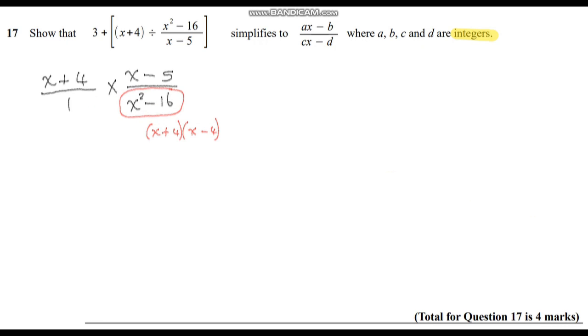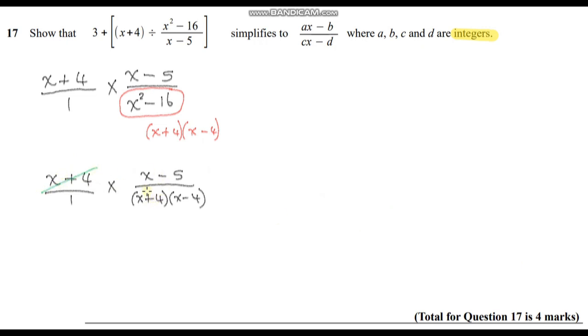So I'm just going to rewrite this fraction again. We've got x plus 4 over 1 multiplied by x minus 5 over x plus 4 times x minus 4. Because we've factorised, hopefully you can see that we've got an x plus 4 in the numerator and an x plus 4 in the denominator.